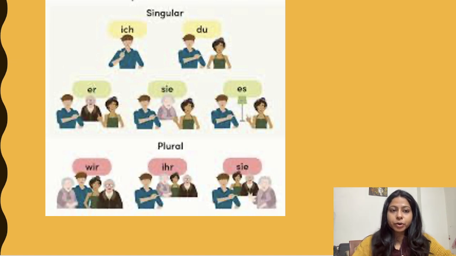Now, the personal pronoun in nominative in singular is ich, du, er, sie, es, and in plural we have wir, ihr, and sie. So these are personal pronouns in nominative case.